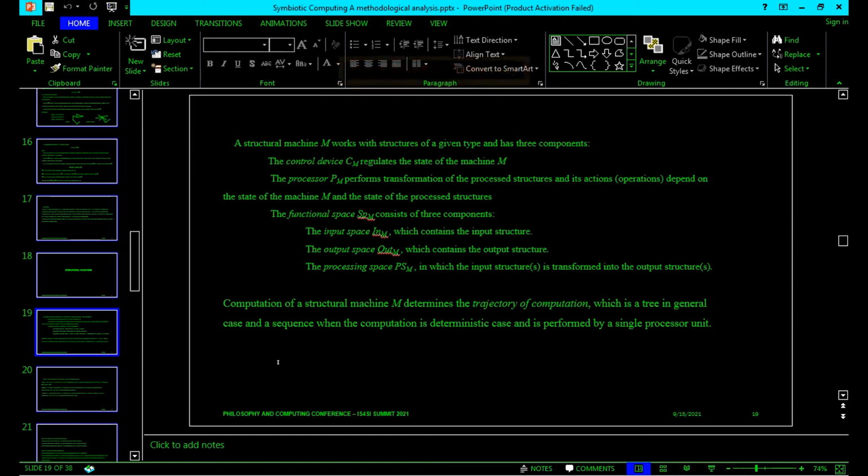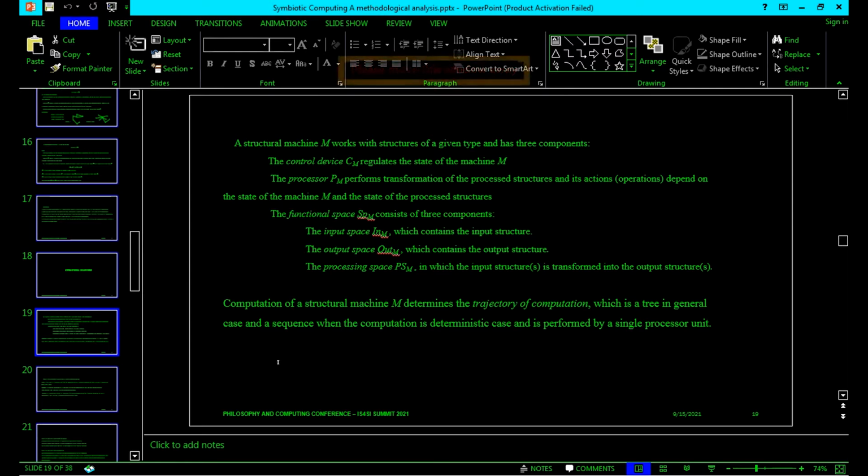And the third component of a structural machine is the functional space, which consists of three components: input space, output space, and processing space. For those who know what a Turing machine is, the functional space is a far-reaching generalization of the concept of a Turing machine tape.